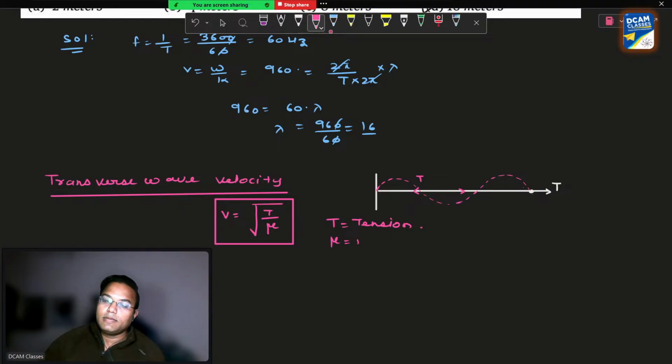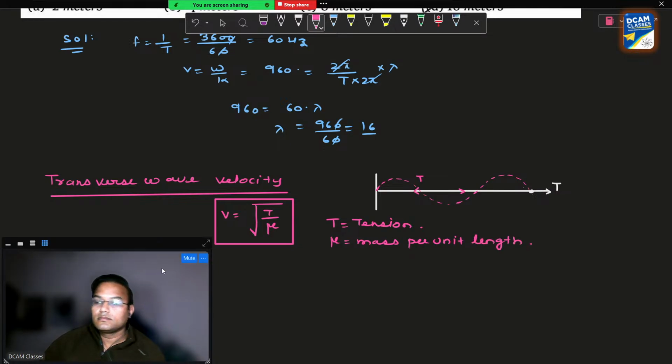Mu is the mass per unit length of the string material. If the mass of the string is m and the length is l, then you can write this value mu as m by l.